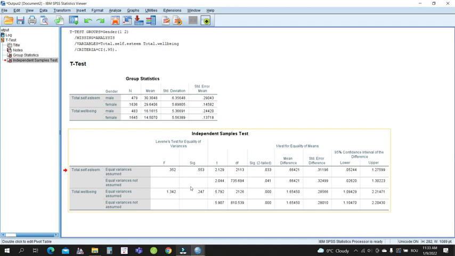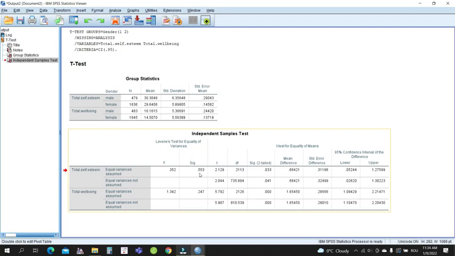Let's begin with the self-esteem. The Levene test, which is actually an F value or an ANOVA test, is 0.35 and its level of significance is 0.55. As you remember from your basic statistical training, in order to have significant differences, this significance level or p-value should be lower than 0.05.